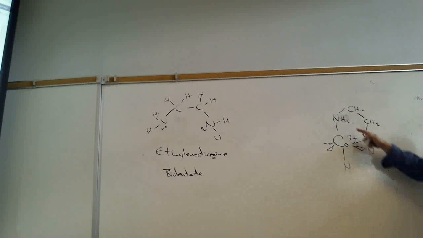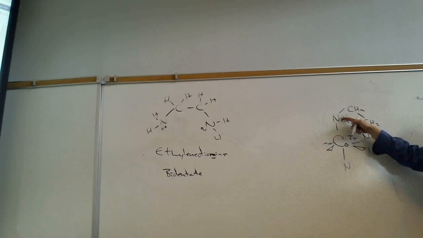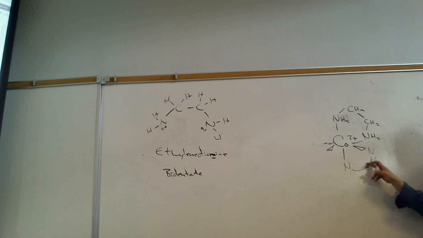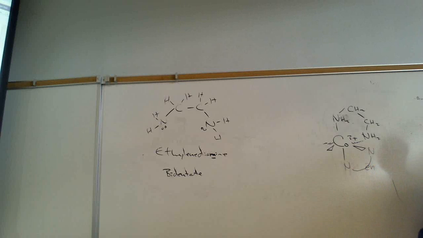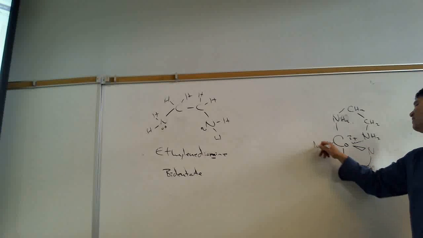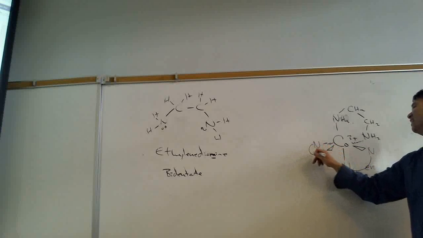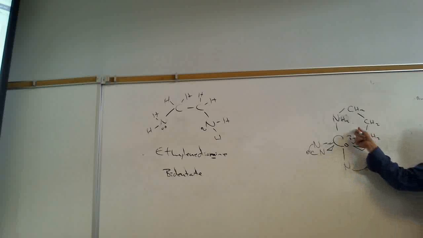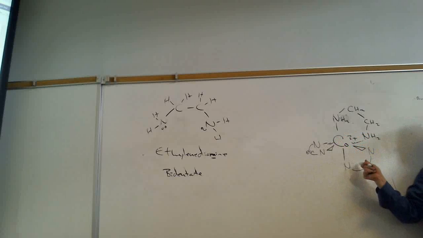But it gets tiring writing this, doesn't it? So we have a shorthand way of doing it. The 2 nitrogens bind like this. This is a shorthand way, and the same thing here. Now I see I have 3 ethylene diamines bonded.